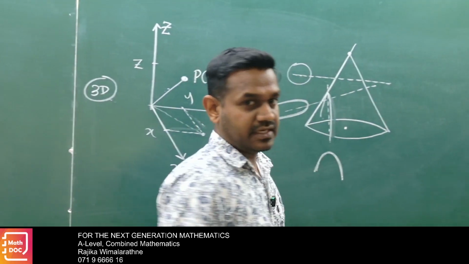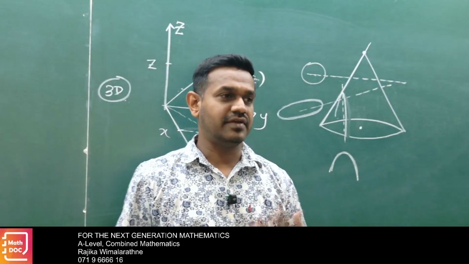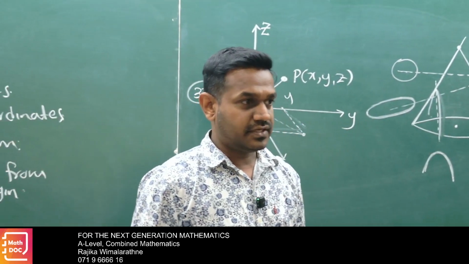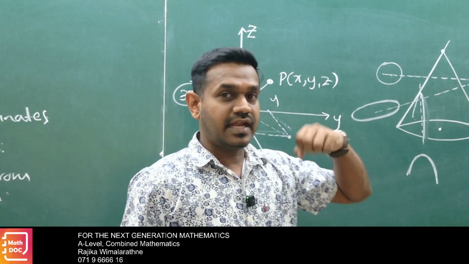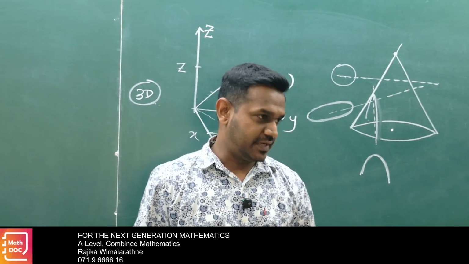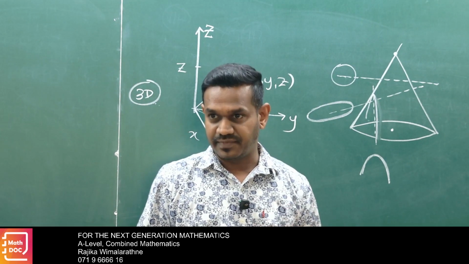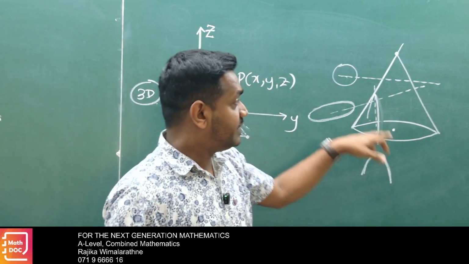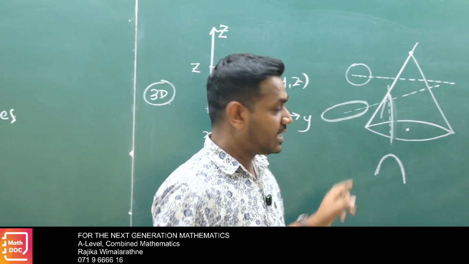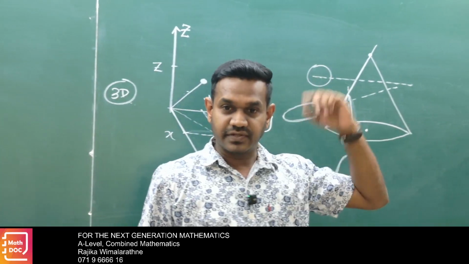Likewise, we can get different sections. We call them conic sections. These conic sections we can analyze with coordinate geometry, in the 3-dimensional plane and 2-dimensional plane. But don't worry about this. We mainly discuss straight lines and circles, which we will discuss later.